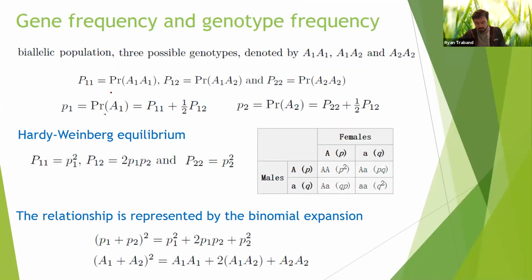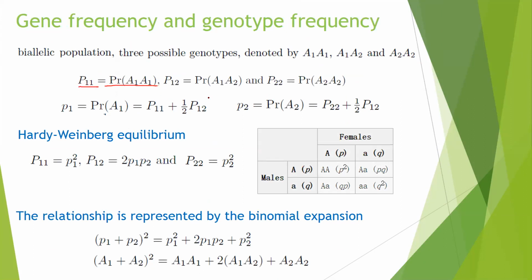P11 means the probability in the Hardy-Weinberg population, the frequency, or the percentage of individuals in this population carrying this genotype, right? And A11, not A1, which means the genotype, but A11 is the breeding value for this genotype, right?